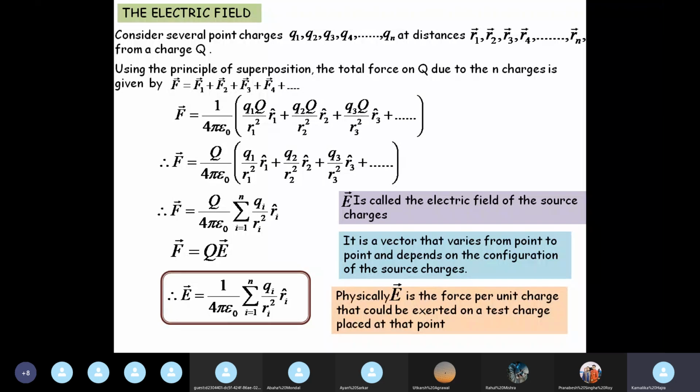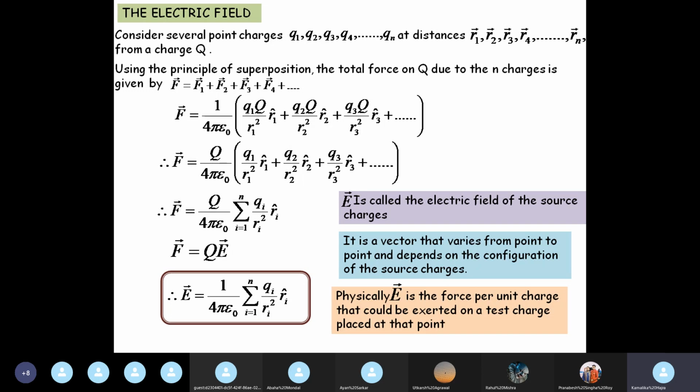And physically, E is the force per unit charge. You can see from this expression, E is equal to F by Q. So basically, it is the force per unit charge that could be exerted on a test charge placed at that point.